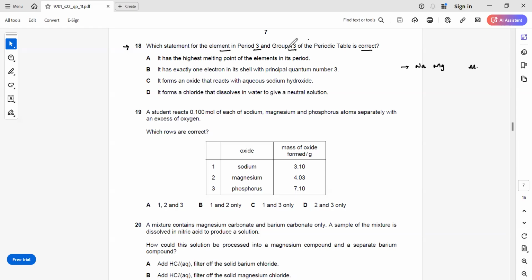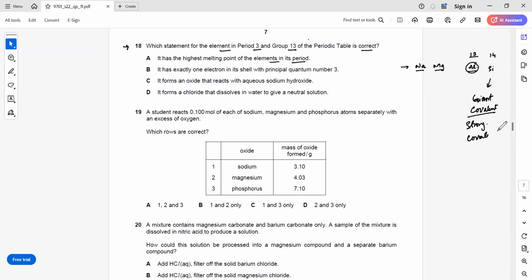So they are saying group 13 member, aluminium, they are asking. Option A: it has the highest melting point of the elements in its period. So when we move from left to right, these are actually the metals, and then the member of group 14, silicon, exists as a giant covalent structure, having strong covalent bonds.